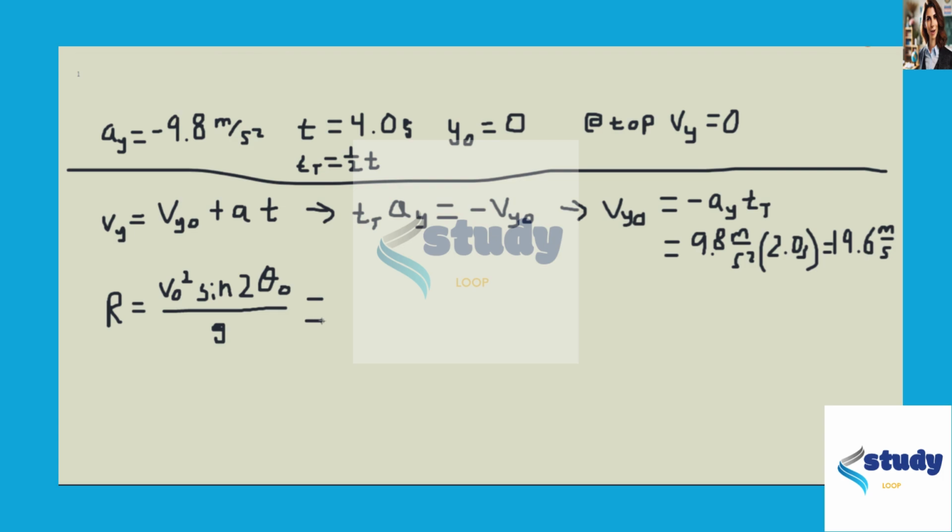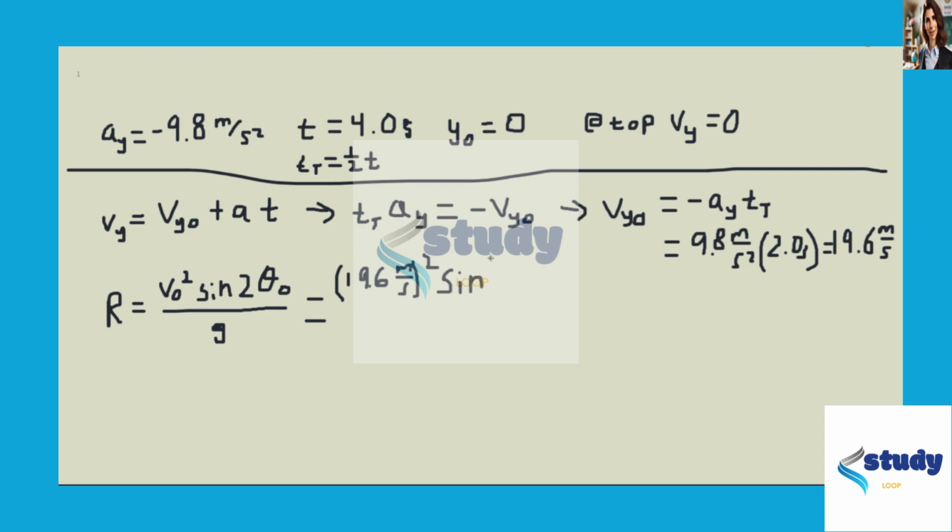So this is going to be equal to 19.6 meters per second, that value squared. And then sine 2 theta. Well, for the maximum range, theta naught will be 45 degrees.